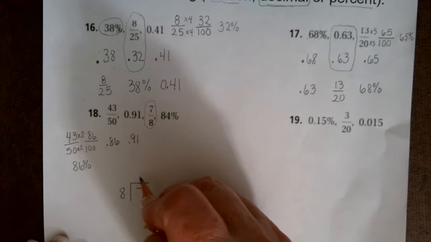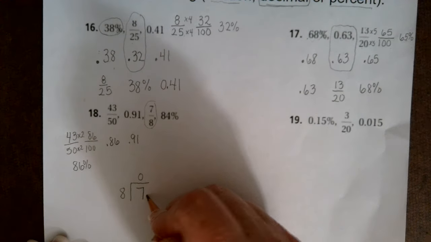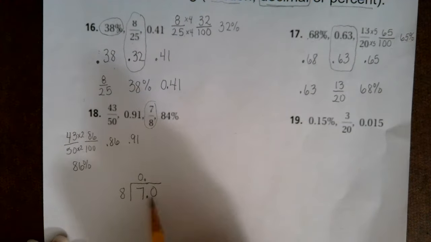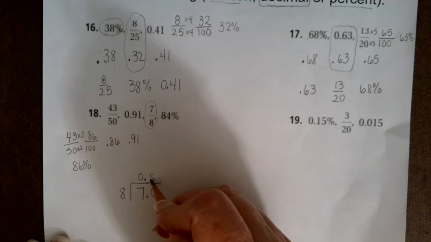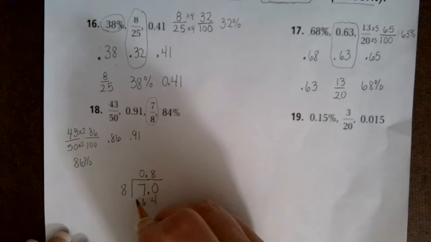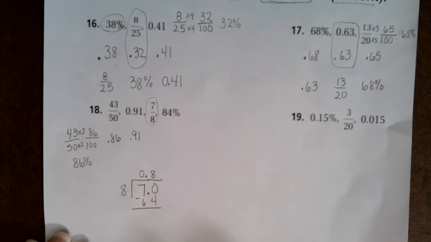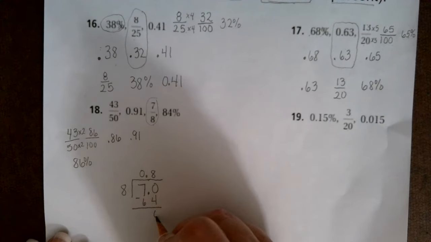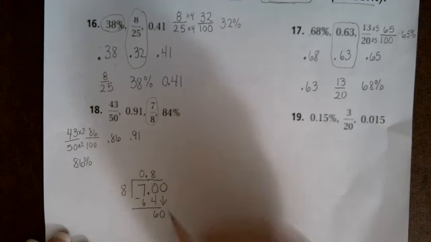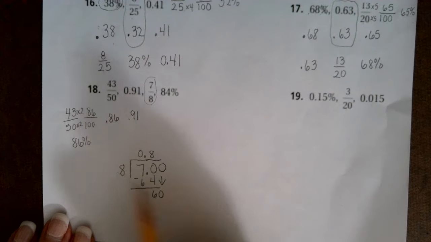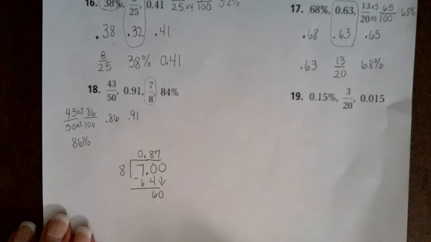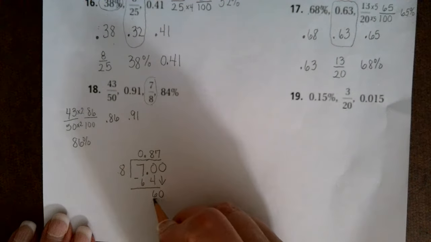8 goes into 7 0 times. And I add a decimal and add a 0. 8 goes into 70 8 times. 8 times 8 is 64. 70 minus 64 is 6. I'm going to add another 0. I'm going to bring that down. 8 goes into 60 7 times. 7 times 8 is 56.